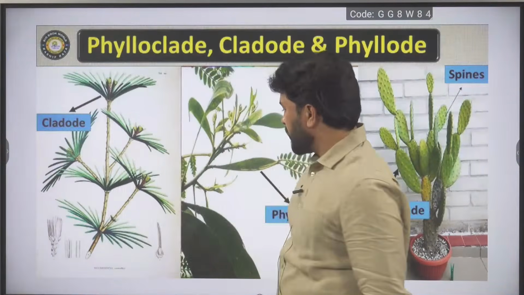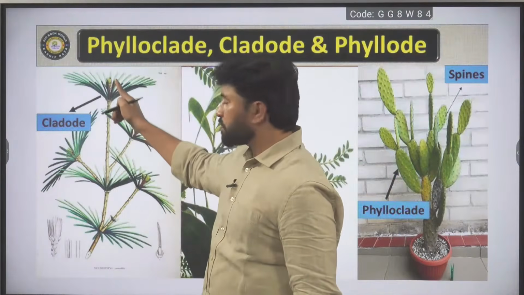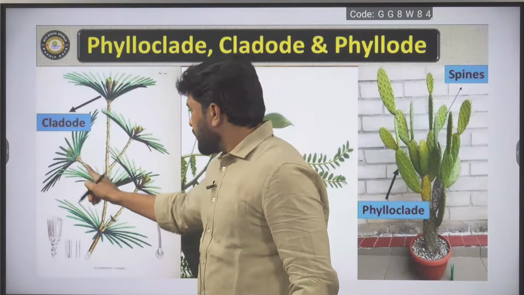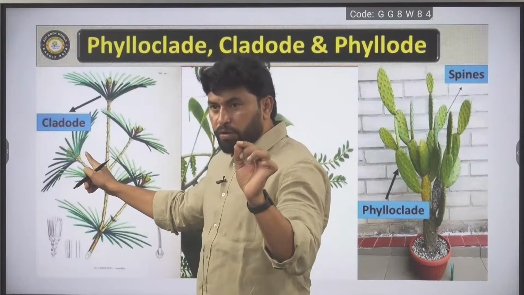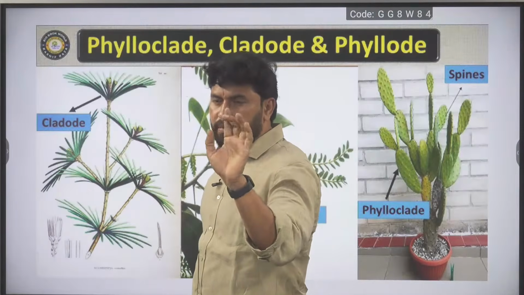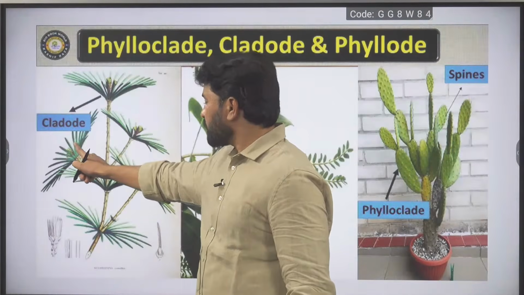Here, in this plant, there is a main stem. The main stem is not green, but every branch which has a single internodal length becomes green and performs photosynthesis. Cladode.